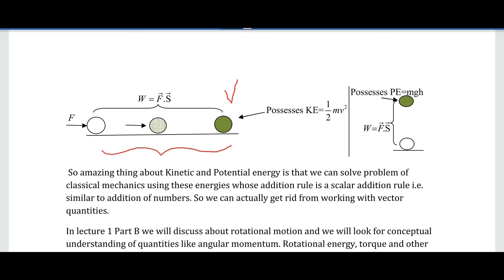But let me tell you one thing, there is not a single bit of difference between linear energy and rotational energy. I'll prove in the next section that this rotational kinetic energy can be derived from the linear kinetic energy.